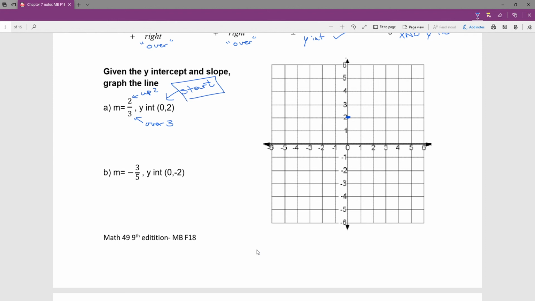So where I started, I go up 2 and over 3. The slope is not an ordered pair. This is an ordered pair, so that's a location on the map. This slope is really just instructions, not an ordered pair.